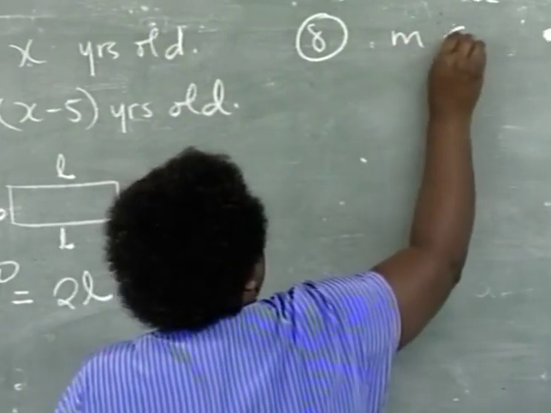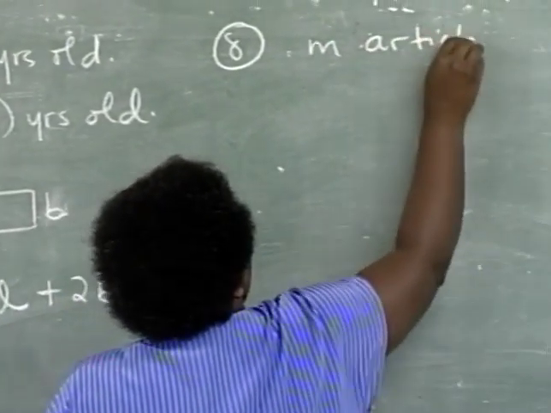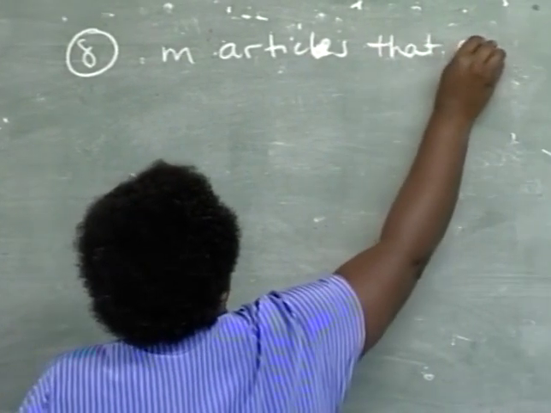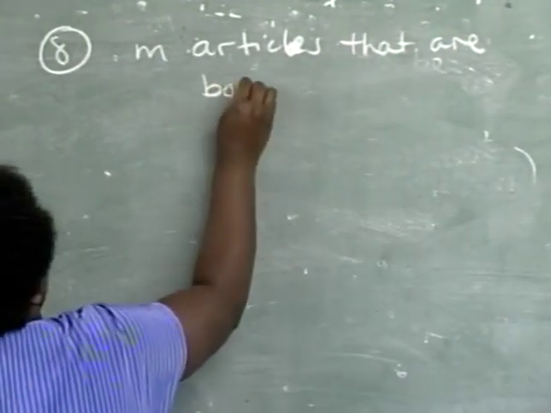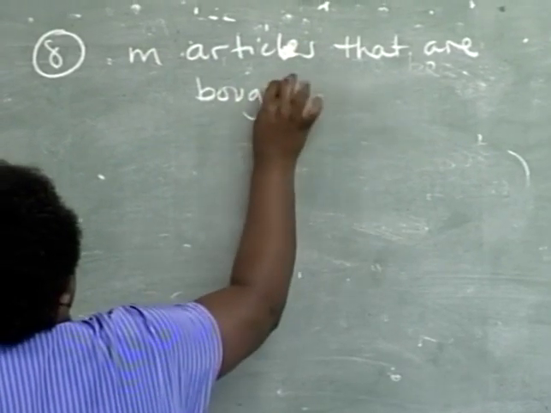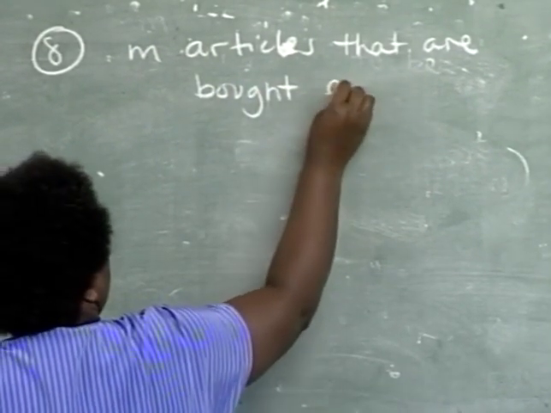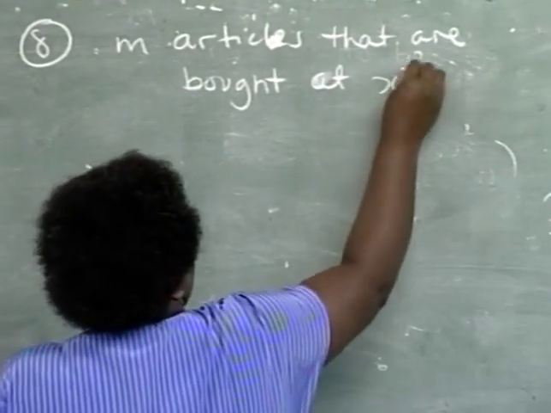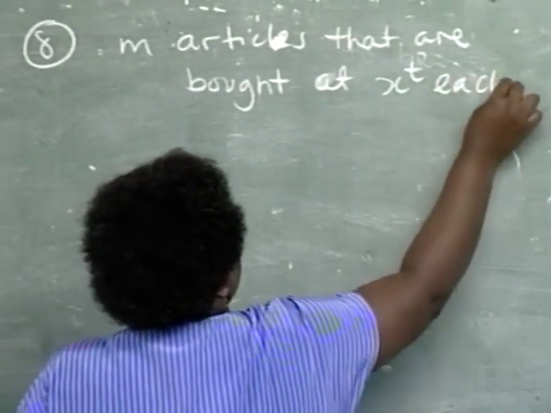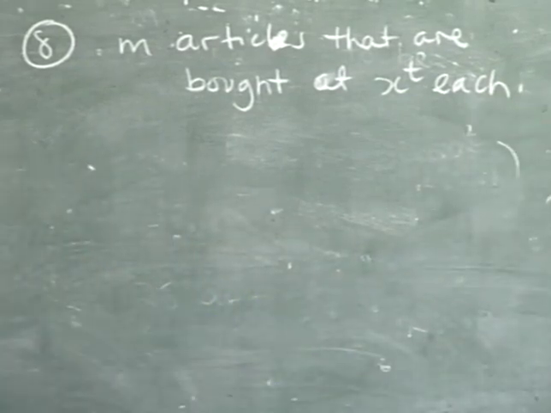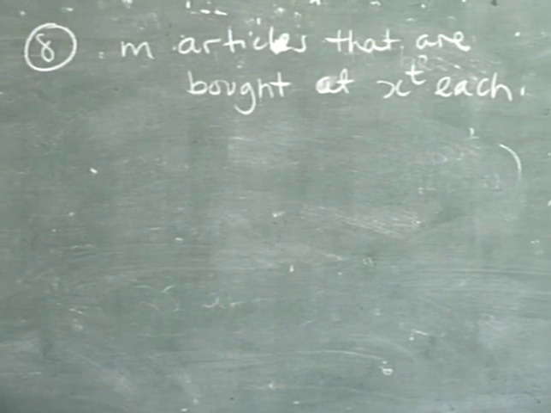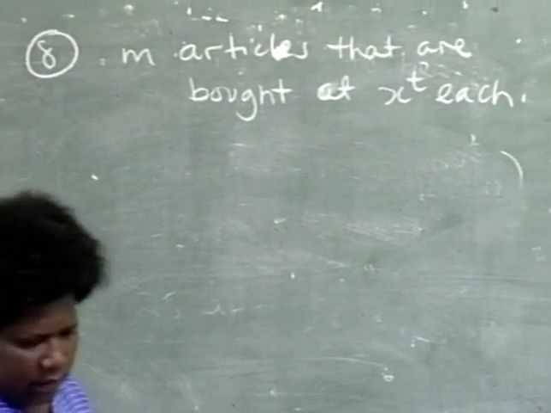There are M articles that are bought, and each of them costs X toya. It says find the cost in Kina of buying N articles at the same rate.